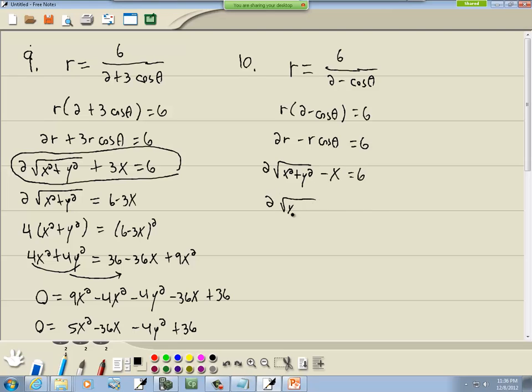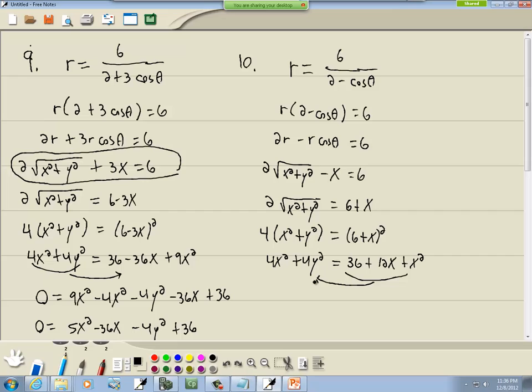Let's see. Take negative x over. We got 6 plus x. Square both sides, and we get 4 times x squared plus y squared equals (6 plus x) squared. So that gives us 4x squared plus 4y squared equals 36 plus 12x plus x squared.